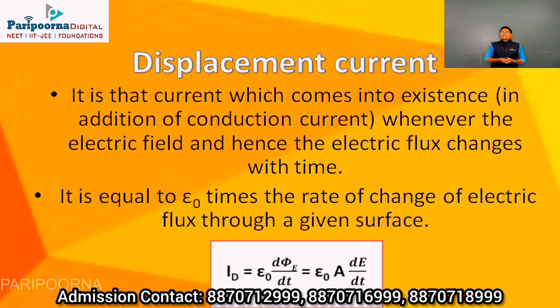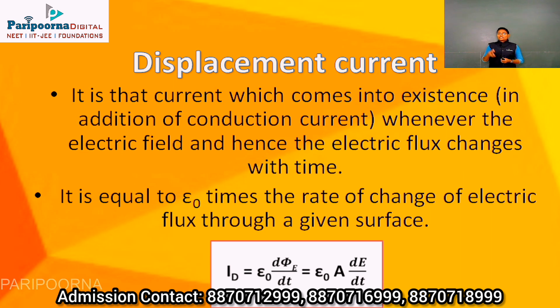Before that, we are going to see what displacement current is. It is the current which comes into existence in addition to the conduction current whenever the electric field and the electric flux change with respect to time.